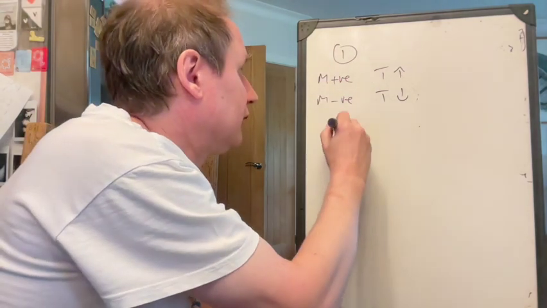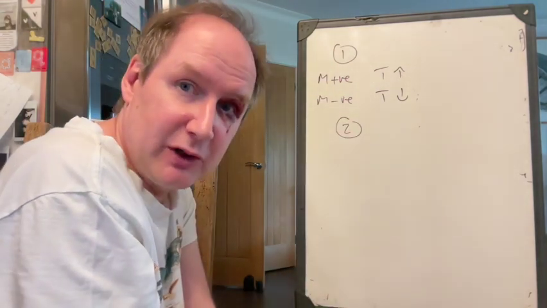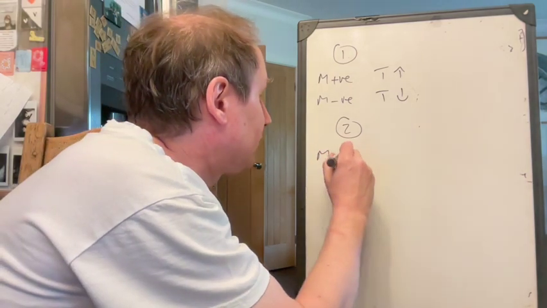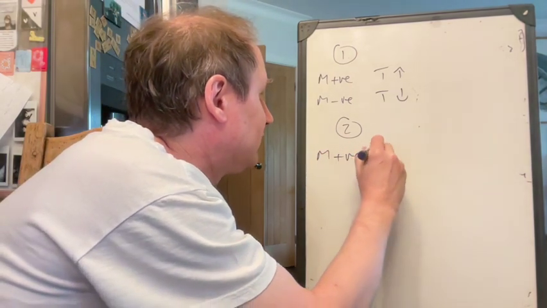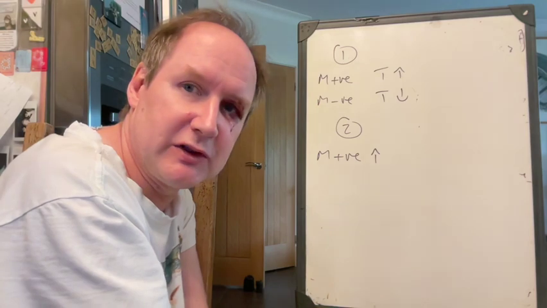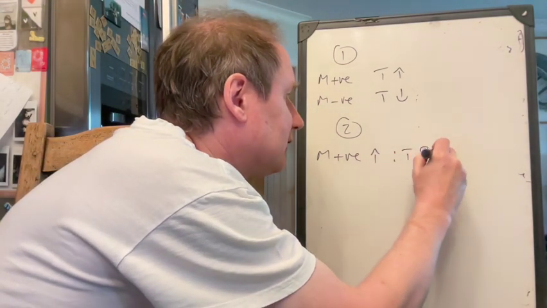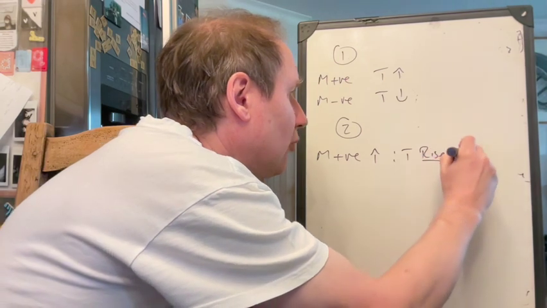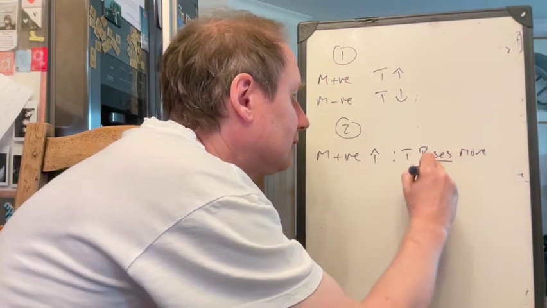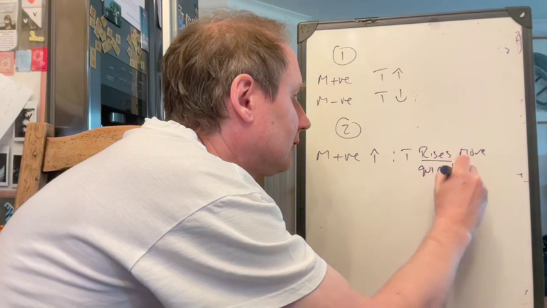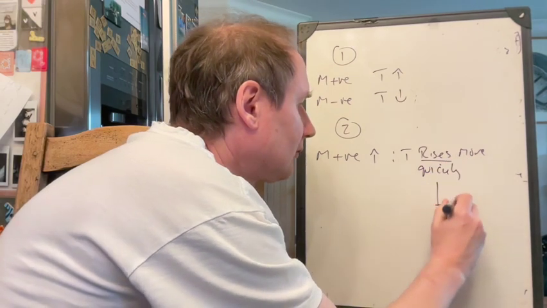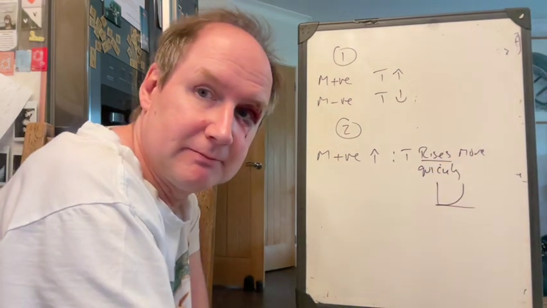Rule number 2, if we think about positive marginals, if the marginal is positive and it's increasing, so the marginal is going up, the total rises more quickly. So it'd be one of those.